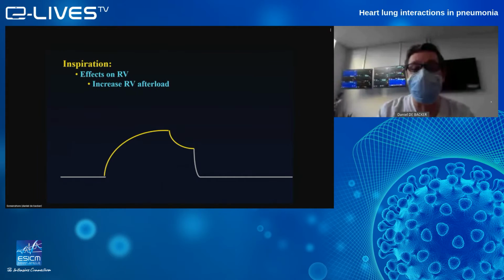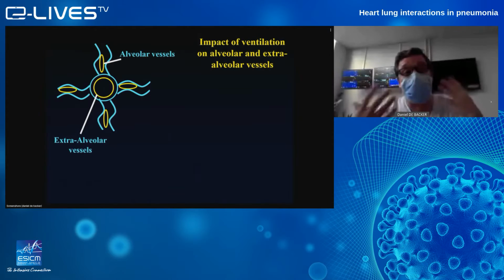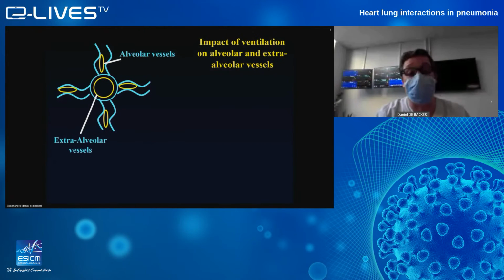And of course, this may decrease the cardiac output or stroke volume of the right ventricle. The impact of ventilation on the right ventricle afterload is somewhat dependent on the tidal volume of our patients, and we will discuss this by these relatively old physiologic data.